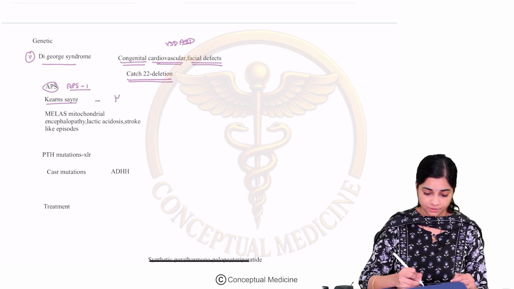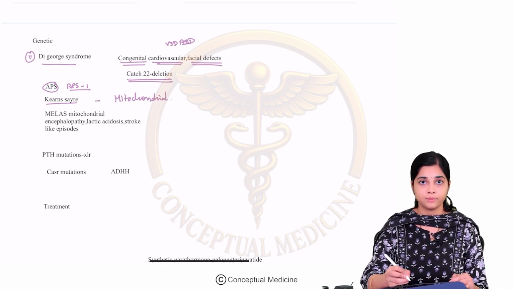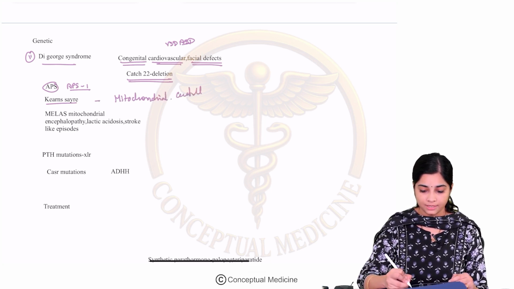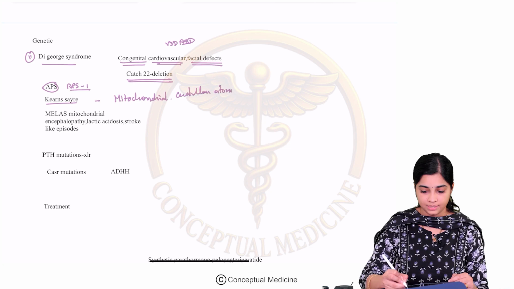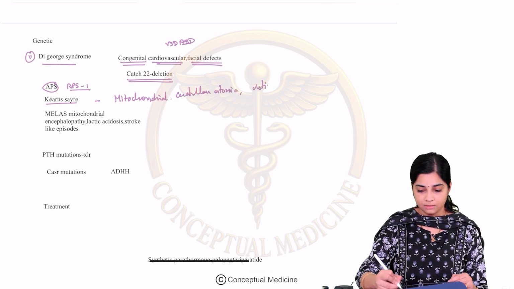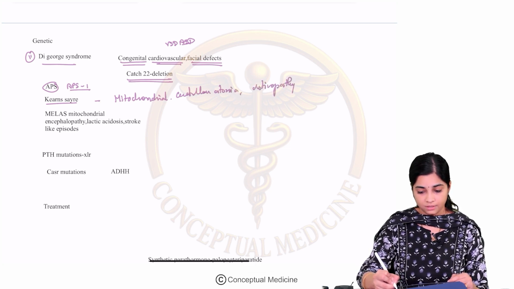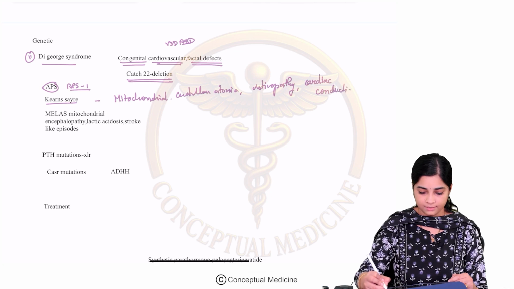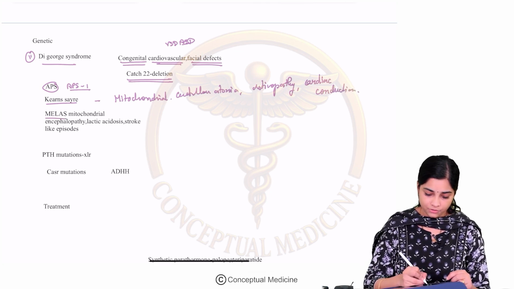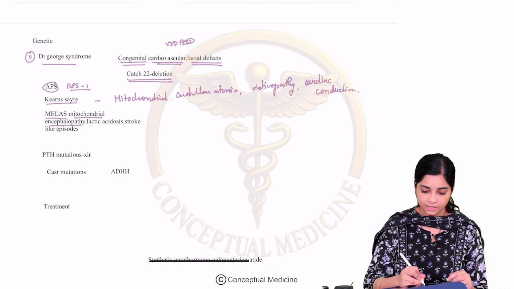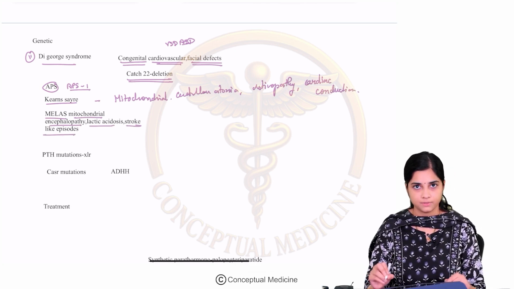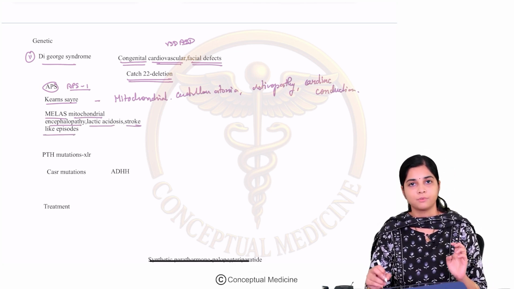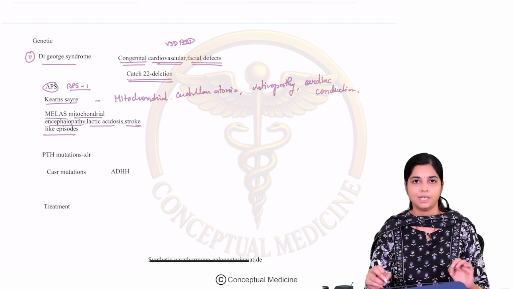There is a problem in your mitochondrial metabolism, you can have cerebellar ataxia, you can have retinopathy, you can have cardiac conduction abnormalities as well. Then MELAS syndrome stands for mitochondrial encephalopathy, lactic acidosis and stroke-like episodes. So these are all examples of some of the syndromes which are associated with hypopara.